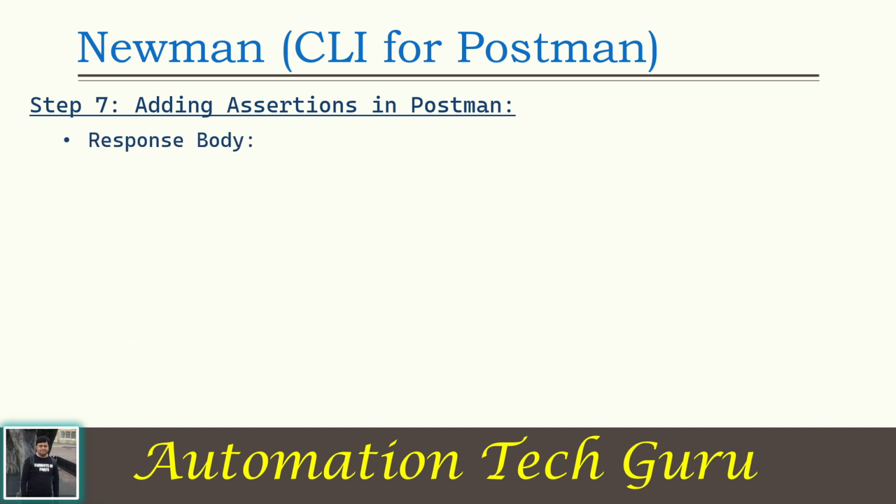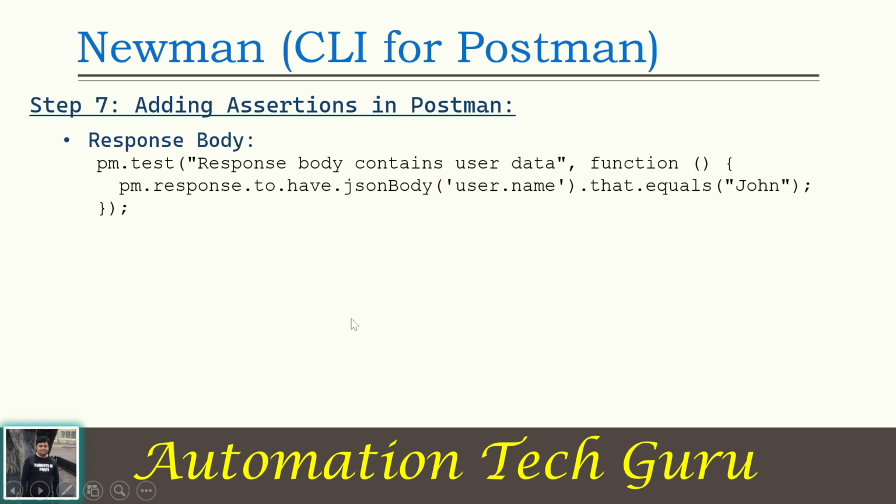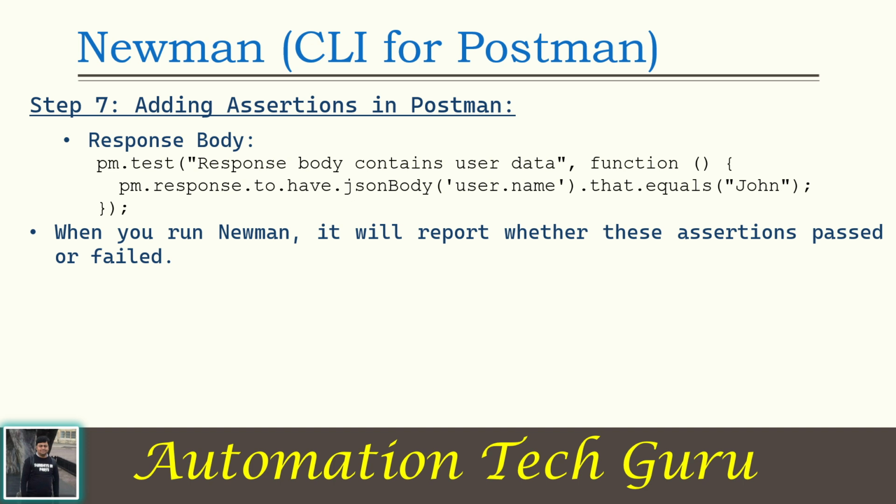Adding assertion in Postman. For the response body, you can use response to have JSON body user.name equal to John. So whatever name you have passed with the username in the JSON body, in the response, whatever is coming is the user.name. When you run Newman, it will report whether these assertions pass or fail.